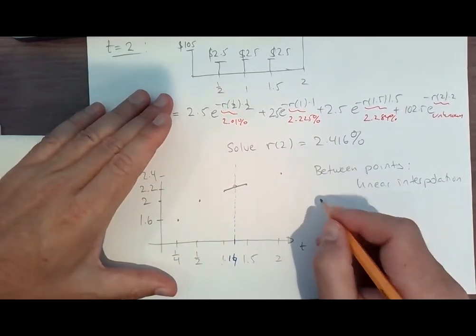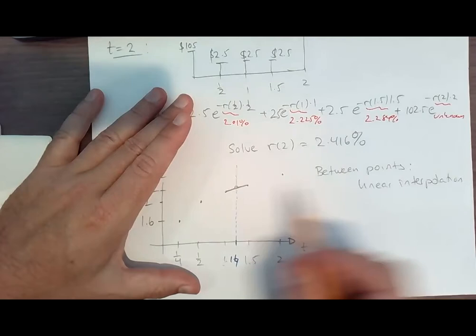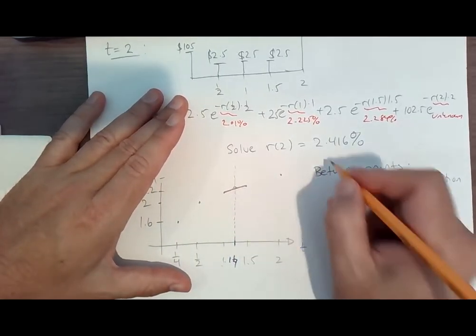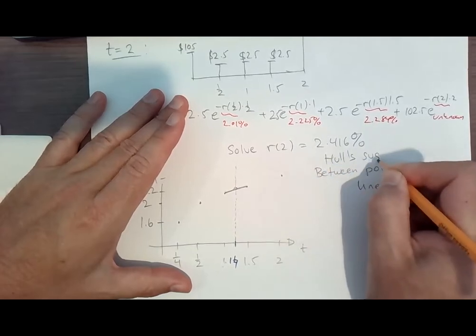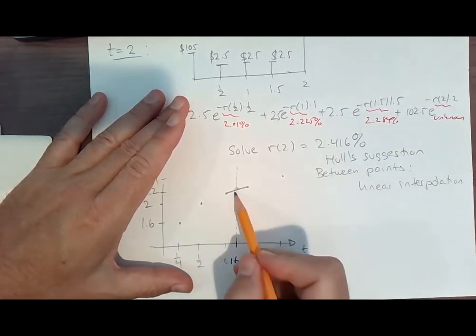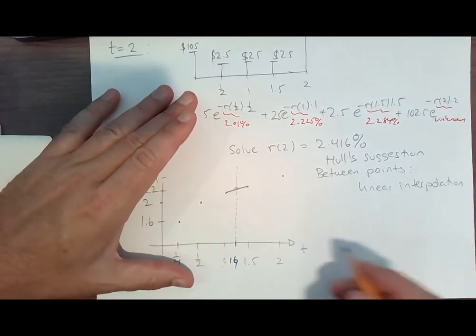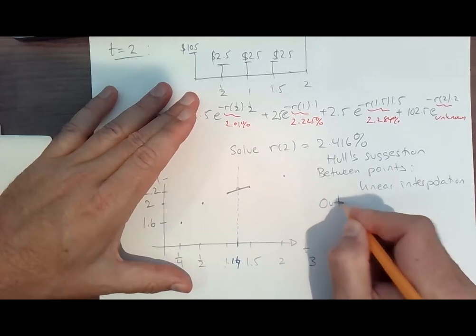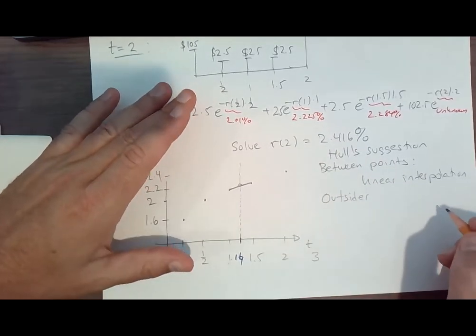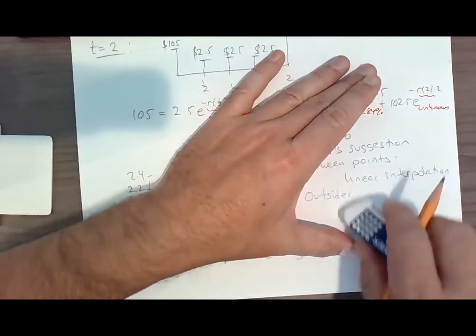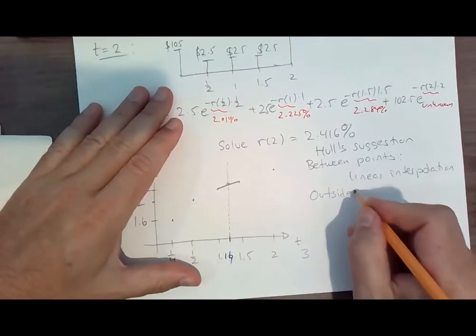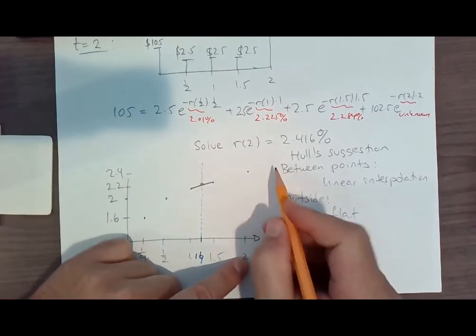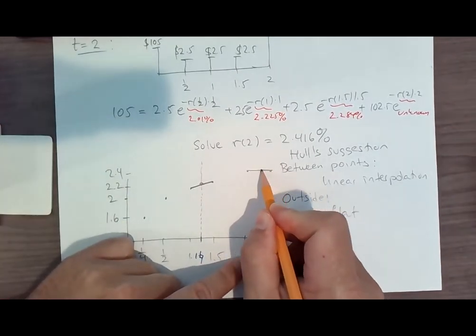Nobody says that it should be linear, but this is what he suggests. And then here's Hull's suggestion: between points, you do a linear interpolation, and then outside. So if you were out here at 3, what would you do? Outside, you're just flat. So what he suggests is that if you want to be out here at 3, this is just a flat line.